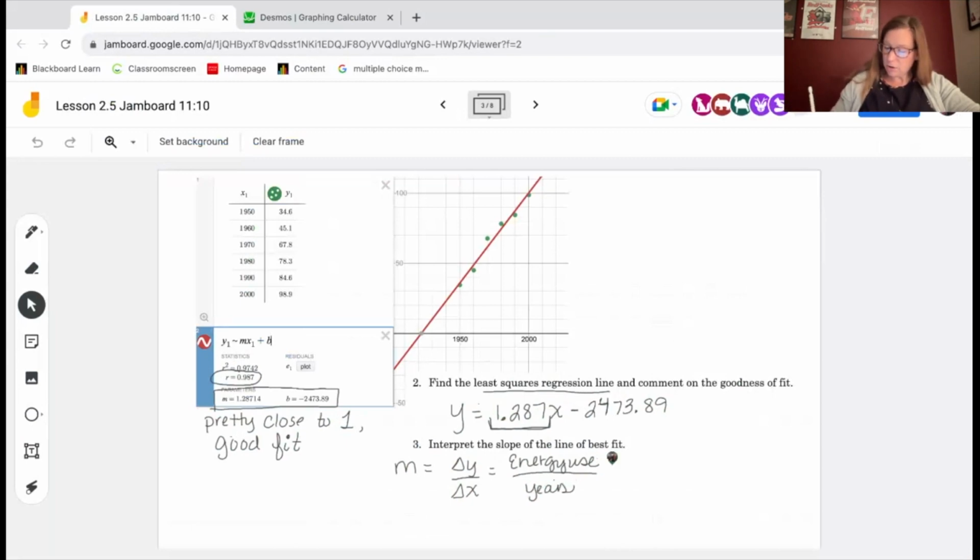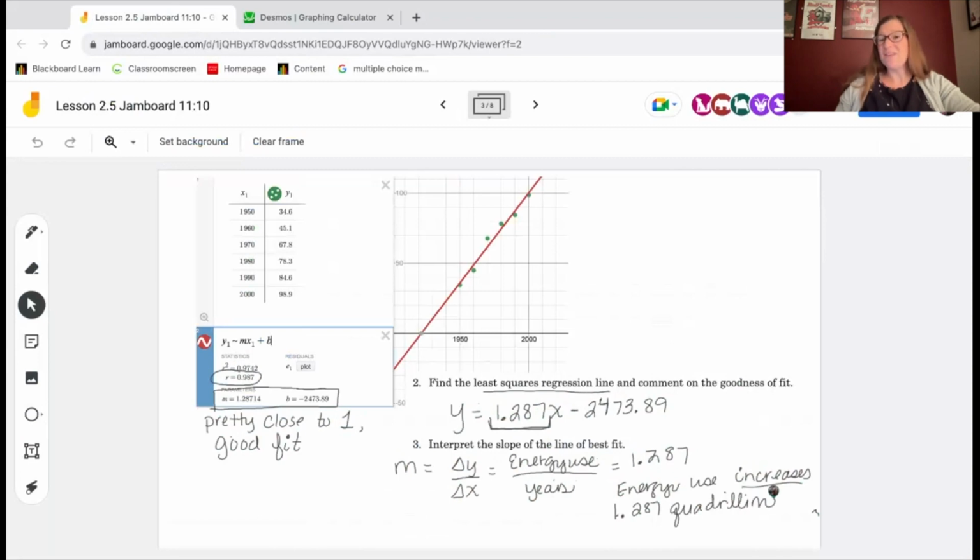And since our slope is positive, and it's 1.287, we could say that our energy use increases 1.287 quadrillion.